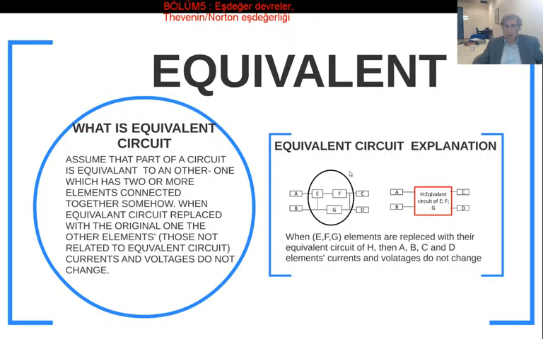So here on the left-hand side circuit, we've got E, F, G elements in a black circle. We are saying if there is an equivalent circuit to these E, F, G elements, it is an H circuit, shown as a red square here.